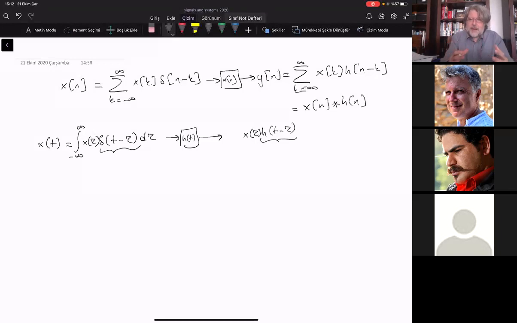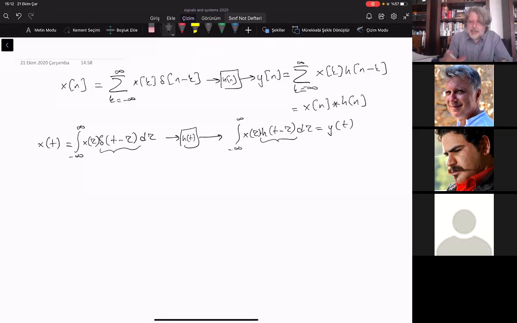How about if I combine all those separate x of tau h of t minus tau for different taus, ranging from minus infinity to infinity? When I combine them in the input, I have to combine the individual outputs at the output. And this I will call y of t, excuse me.